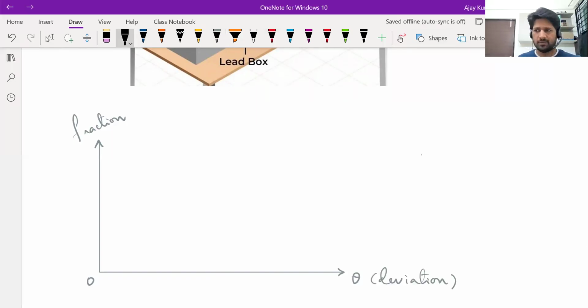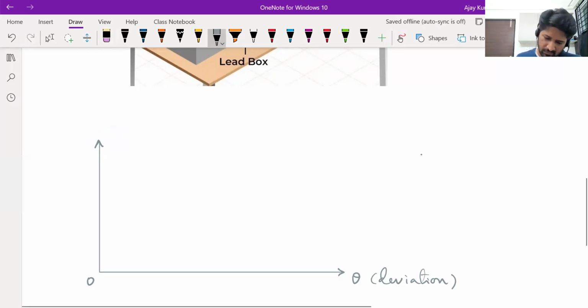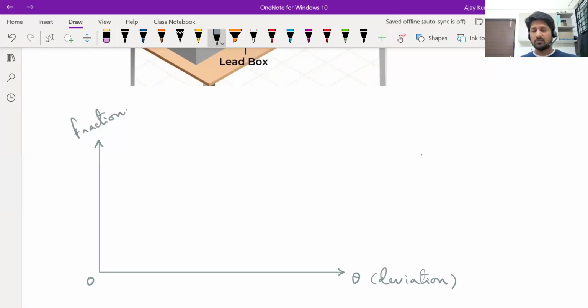Most of the alpha particles pass without deviation, meaning theta is equal to 0, the fraction will be large, and for greater angles, the fraction of alpha particles which suffer deviation of greater angles is smaller and smaller. So the graph kind of goes like this.